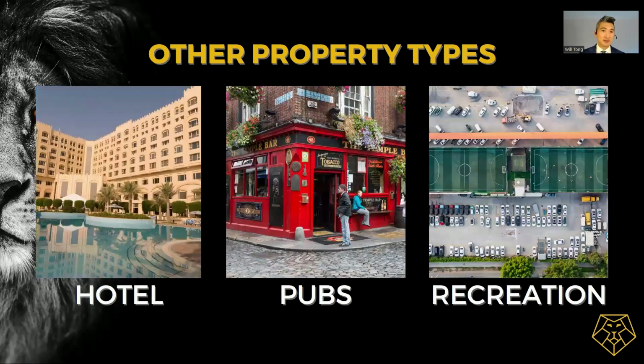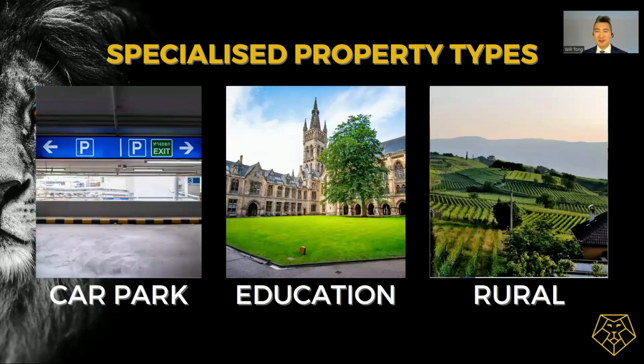But there are other commercial property types as well, such as hotels, pubs, recreational, and there's more. And under the commercial property umbrella, there are also other specialized property types, such as car parks, education facilities, rural farming properties as well.